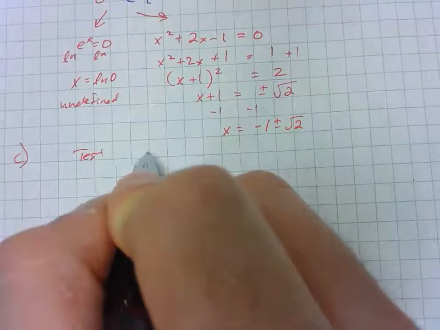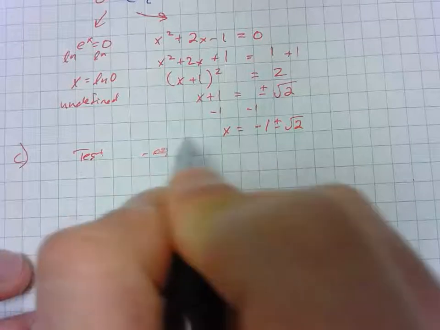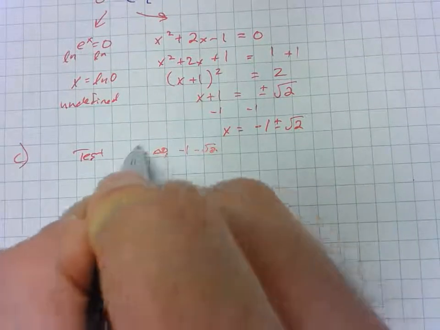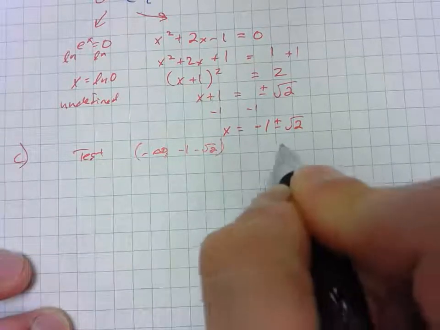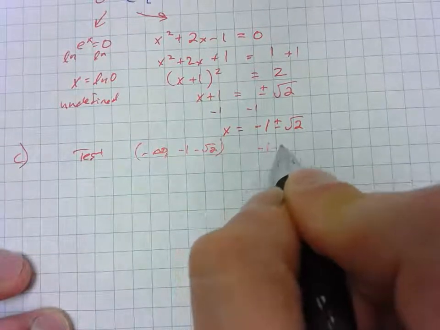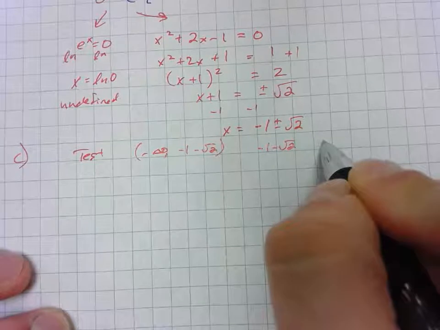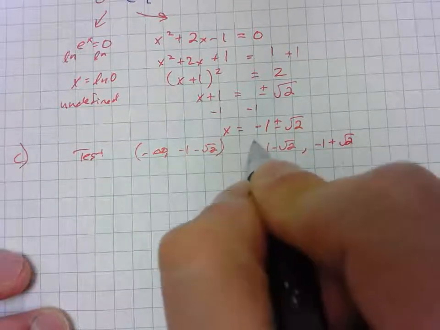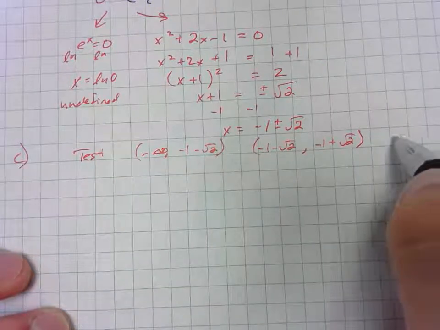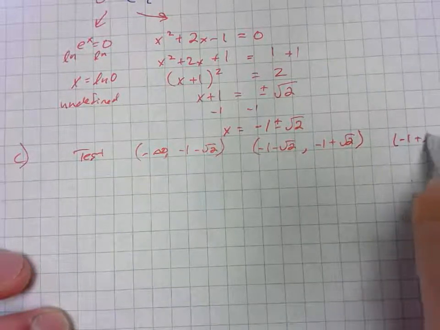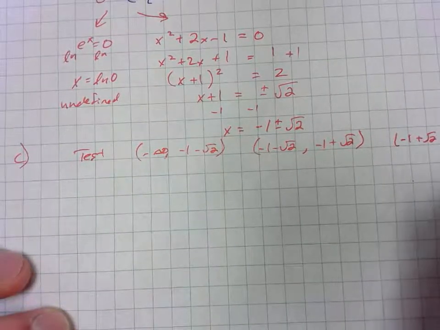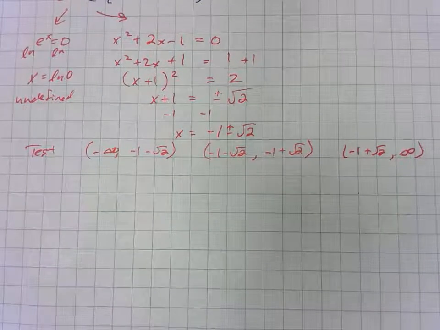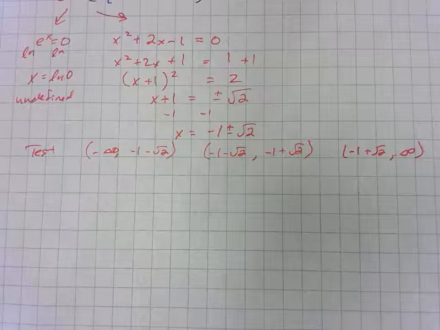From negative infinity to -1 minus root 2, and then from -1 minus root 2 to -1 plus root 2, and then from -1 plus root 2 to positive infinity. We're just trying to get the entire domain there. We're going to test our intervals.